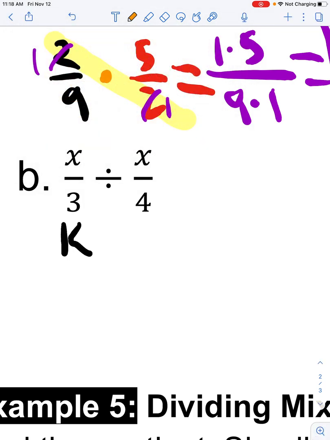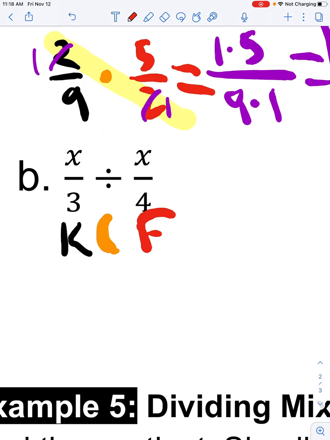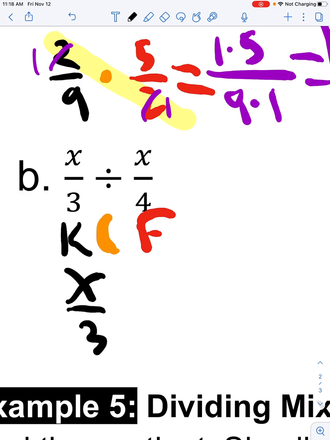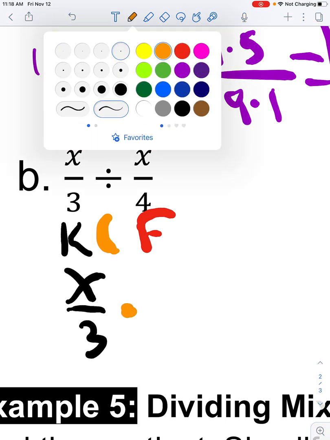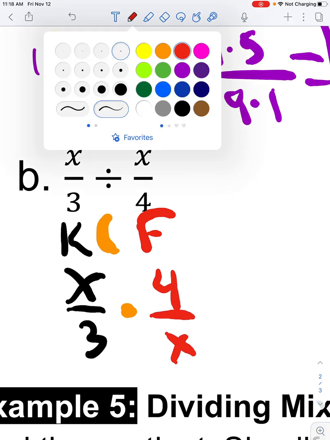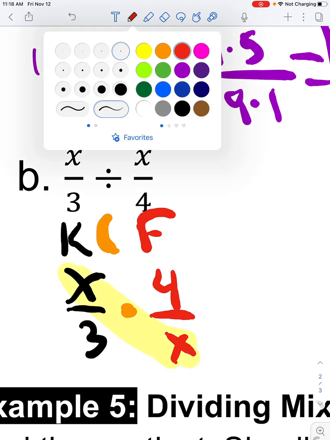So, keep, change, and flip. Keep my first term the same, x over 3, change division to multiply, and flip 4 and x.